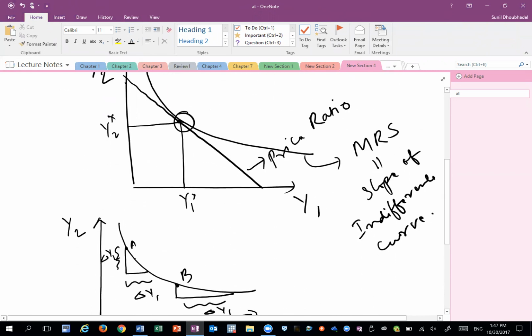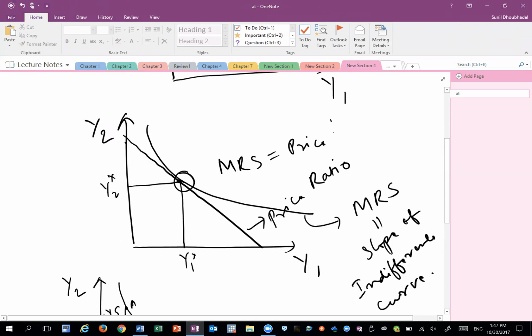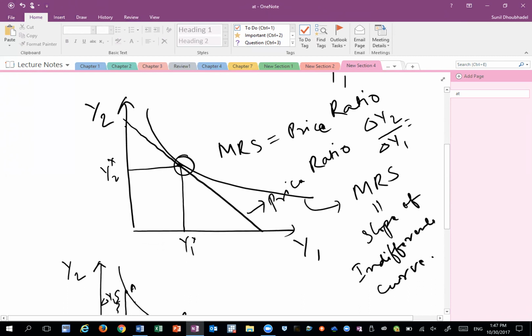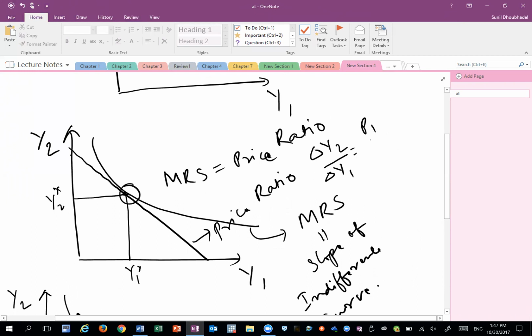So we said that the consumer is at equilibrium whenever MRS equals the price ratio. Okay, Lane, pay attention here. MRS is Y2 by Y1, and the price ratio is P1 by P2.